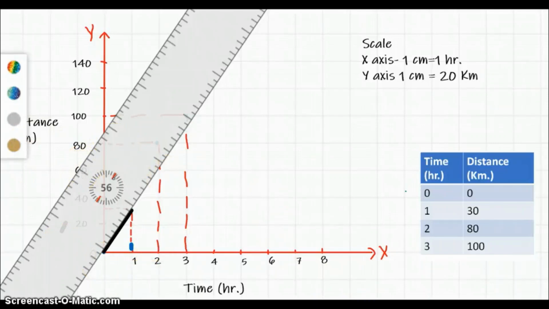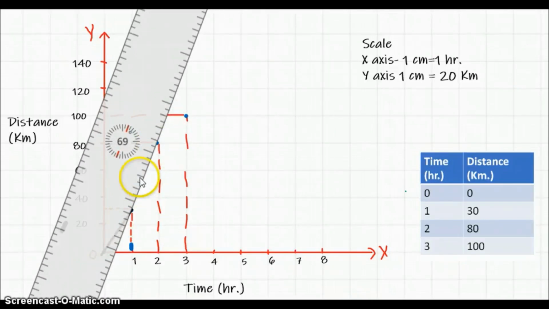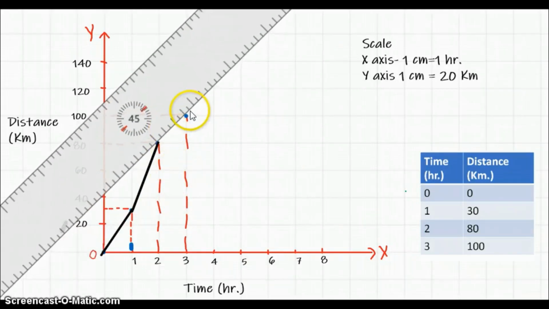I have to undo this because the line is a little thicker. Now again I am drawing this. So this is our distance time graph.